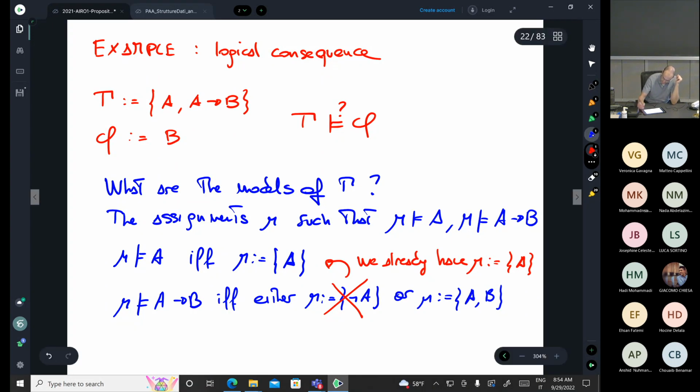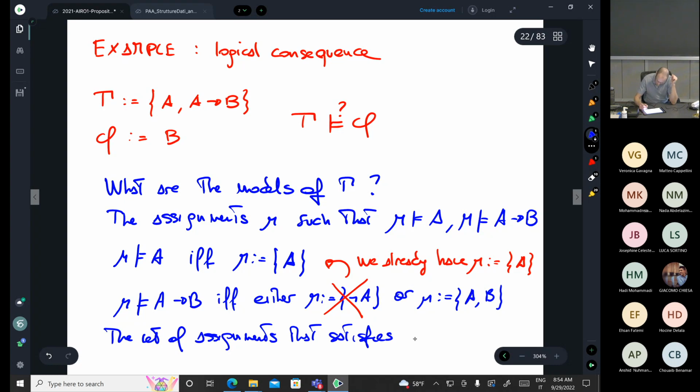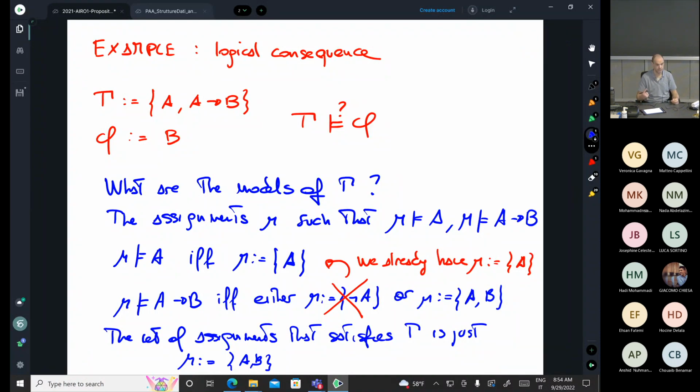So the set of assignments that satisfies gamma is just one. There is only one assignment.